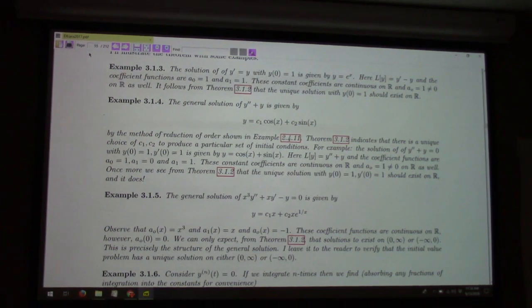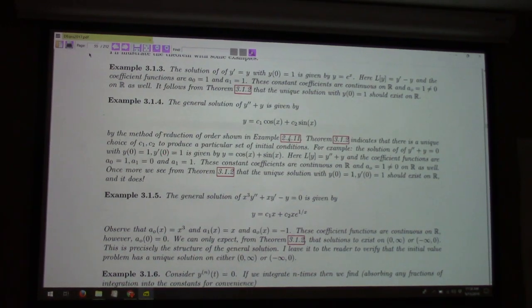That's all right. Here, y prime prime plus y equals 0. If I want y of 0 equal to 1 and y prime of 0 equal to 1, I could get that by putting y equals cosine plus sine, right? This is just a token example. The theorem says that it doesn't matter. In fact, this 0 is playing the role of x naught.